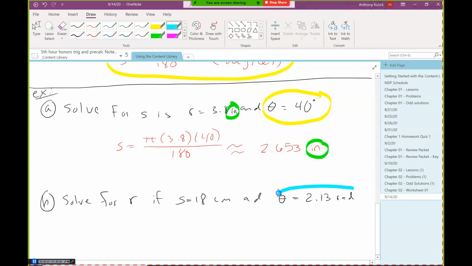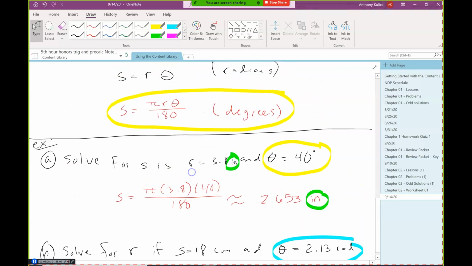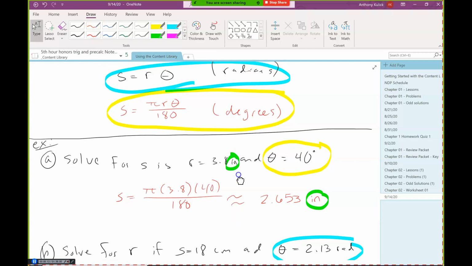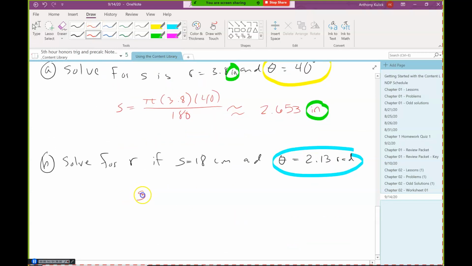The first one, because theta is in radians, I'd want the radians version of my equation. So we know s is 18, we're looking for r, and theta is 2.13.